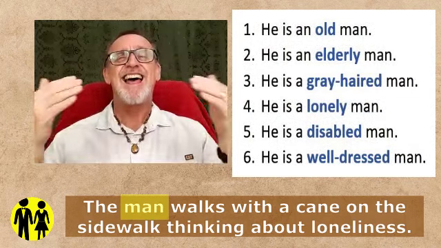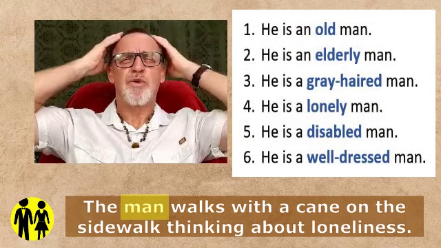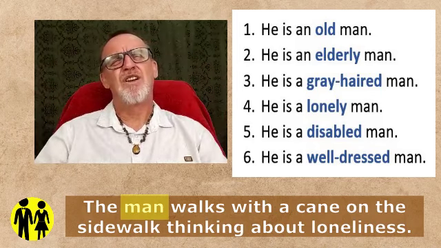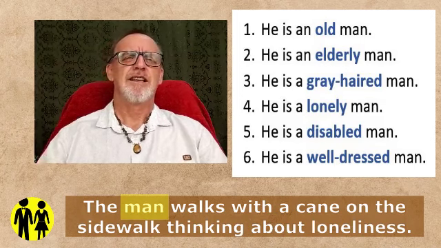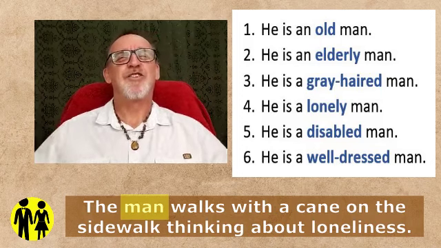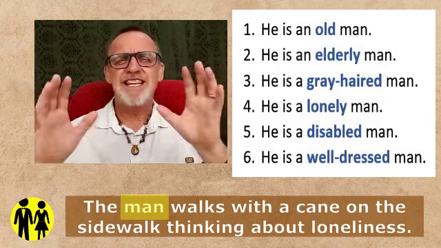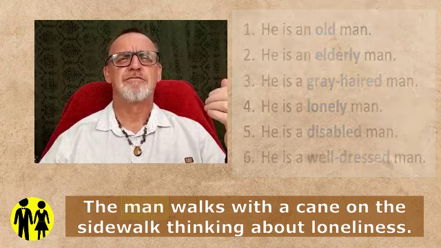He is an elderly man. He is a gray-haired man. He is a lonely man. He is a disabled man. And he is a well-dressed man. So many different ways to describe the man in the picture.